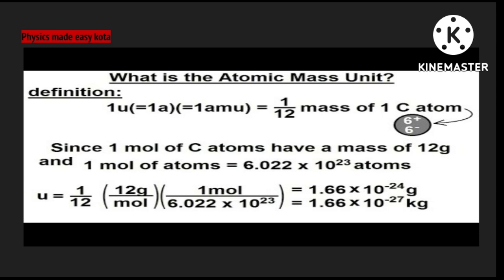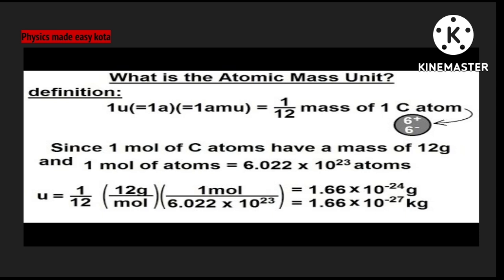We know that 1 mole of the carbon atom has a mass of 12 gram, and the 1 mole of carbon atoms contains 6.022 into 10 raised to power 23 atoms. So the mass of 6.022 into 10 raised to power 23 atoms of the carbon is equal to 12 gram, and we can calculate the mass of one atom of carbon by taking 12 divided by 6.022 into 10 raised to power 23 gram.